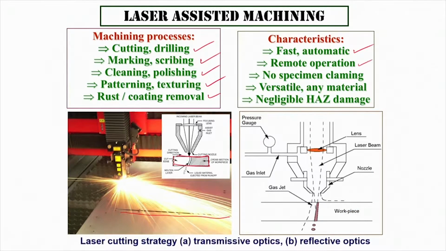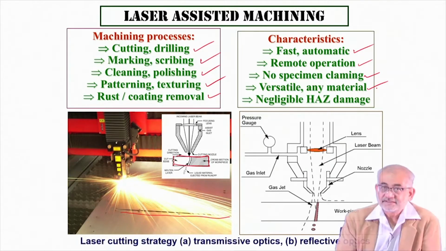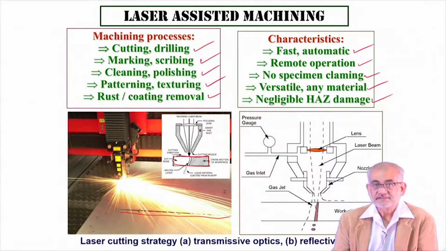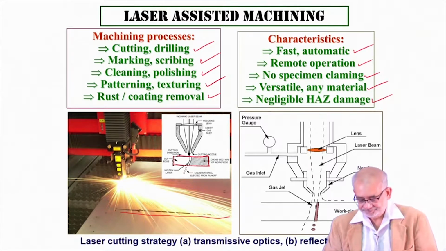There is no manual operation involved. The specimen is not destroyed, and the wastage is minimal. It is also very versatile: practically any solid can be machined using laser, and there is very little or negligible heat affected zone.